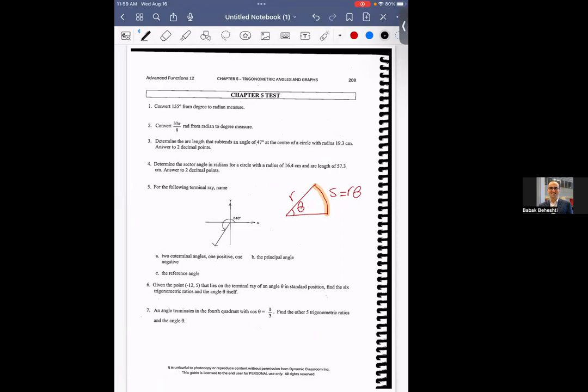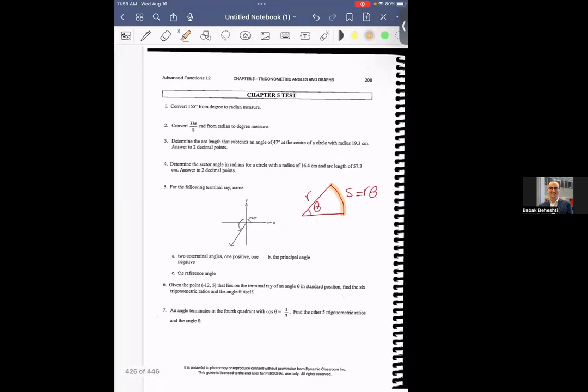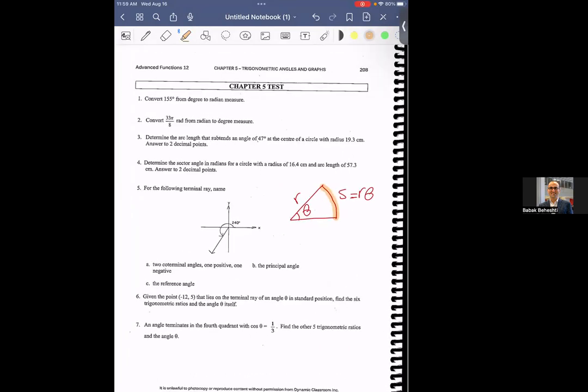Aren't they the same thing? Oh, no. Let me show you in this picture. It's not a big, deep thing. When it says principal angle, for example, you have 240 degrees.